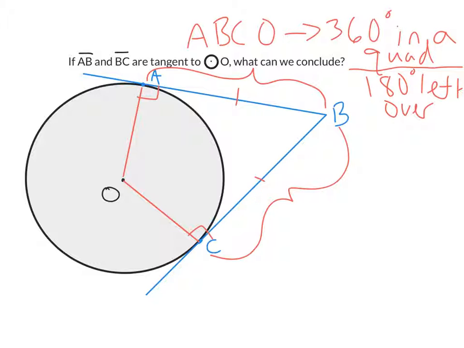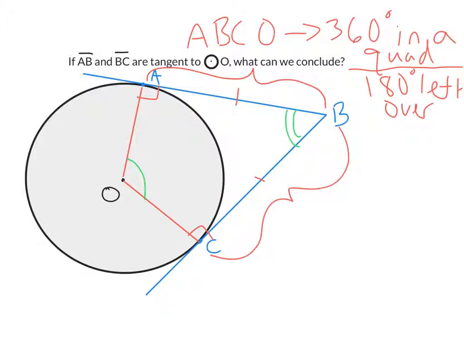What else can we figure out? What do you think we know about maybe this angle and this angle? Well, if you're thinking those add up to 180, so they're supplementary to each other, you are absolutely correct.